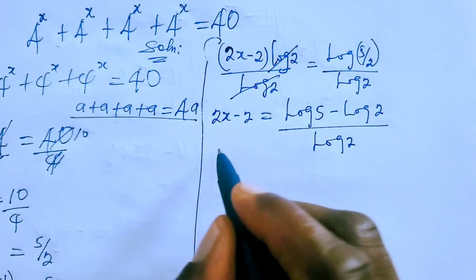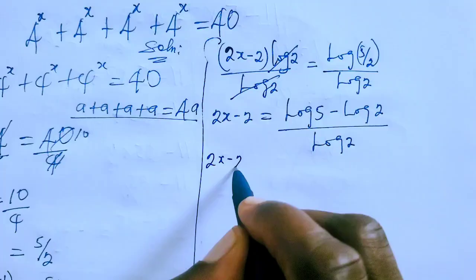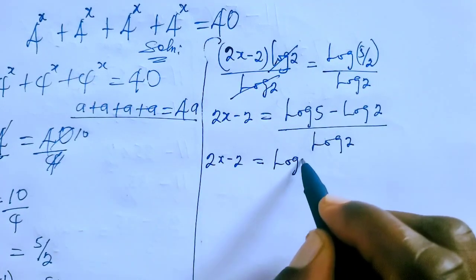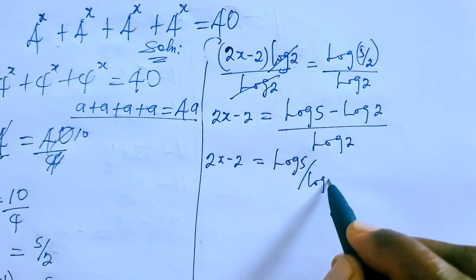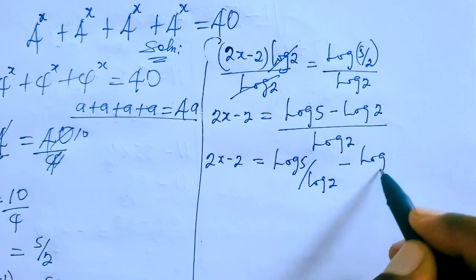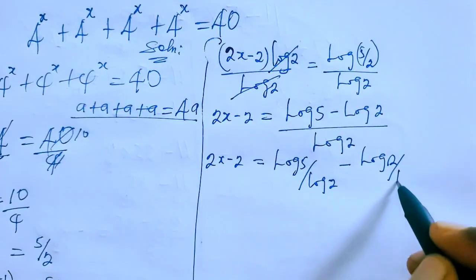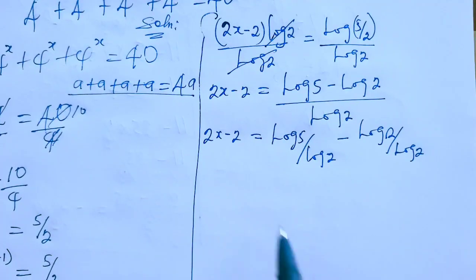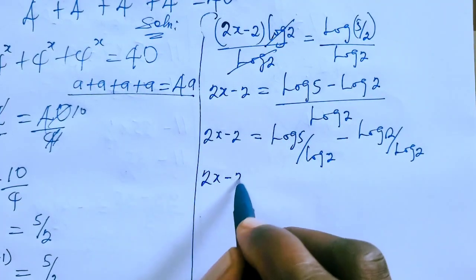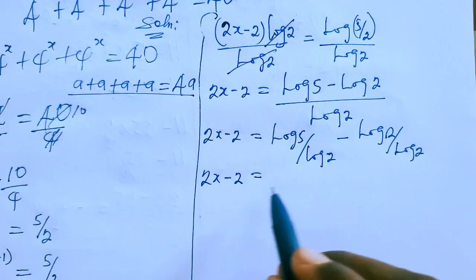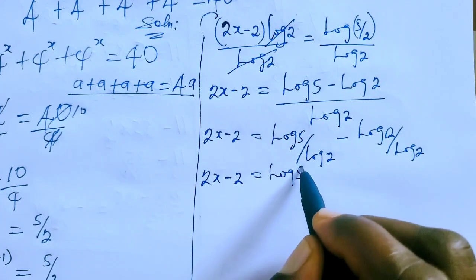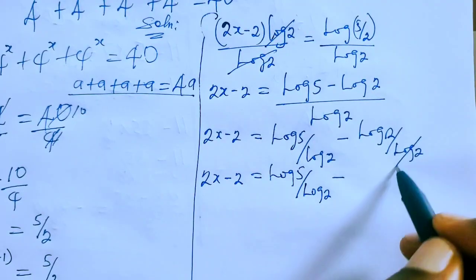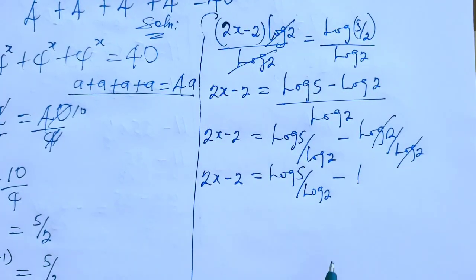At this point, you are going to have 2x minus 2 equals log 5 all over log 2 minus log 2 all over log 2. And right here, we're going to have 2x minus 2 equals log 5 all over log 2 minus, here log 2 will eliminate log 2 and we have 1.